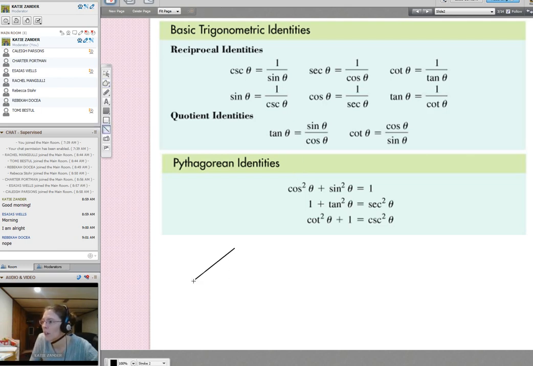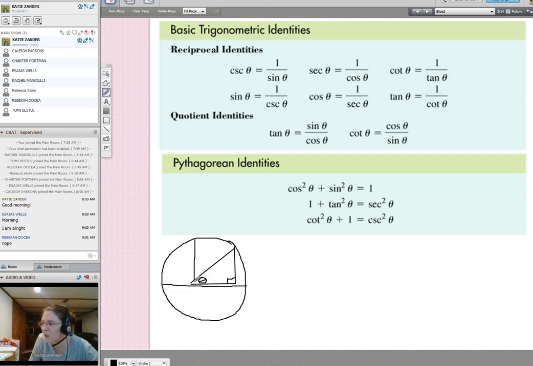So the book might do a better job of explaining how the Pythagorean theorem comes into play here. So if you have the unit circle around this triangle here and it's split into 4 quadrants, not the greatest drawing, but you can see what's happening there.